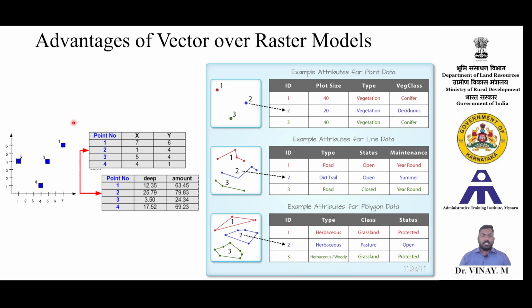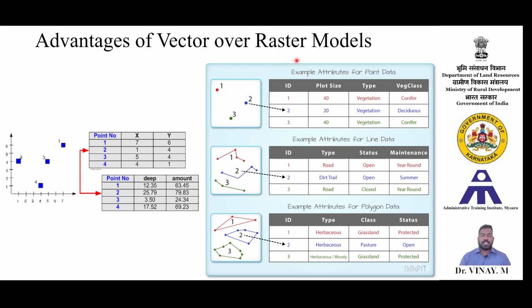Then the species of the tree, the height of the tree, the age of the tree, the girth size of the tree, all the information can be integrated with the particular point. So that means there is an advantage of data integration with vector data.